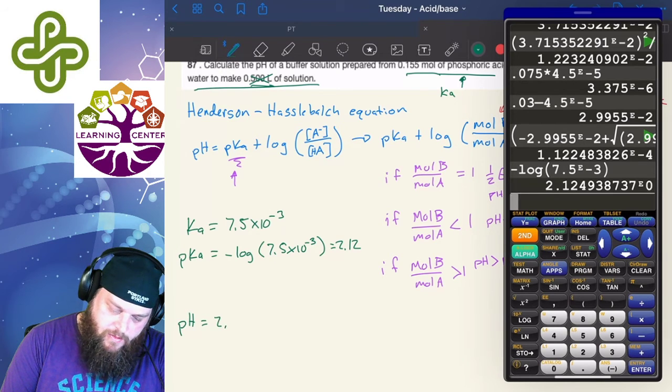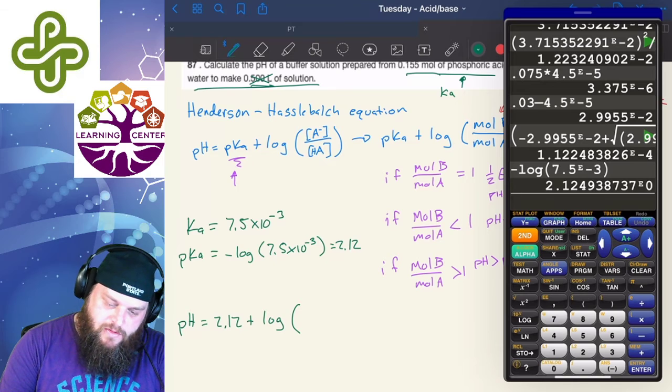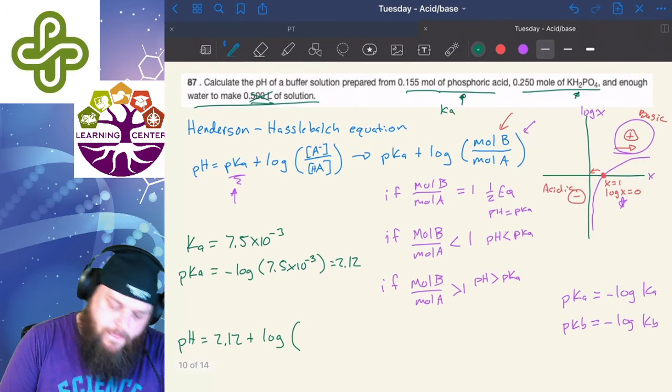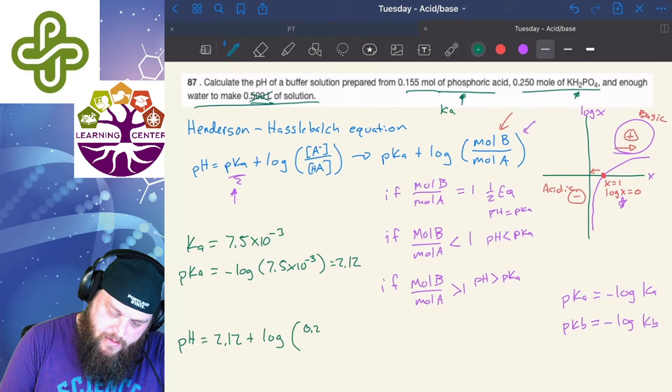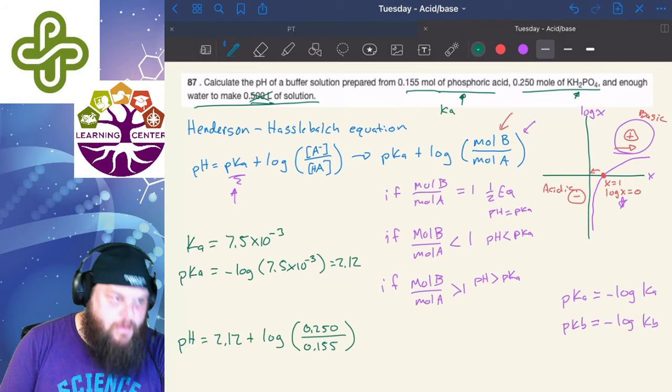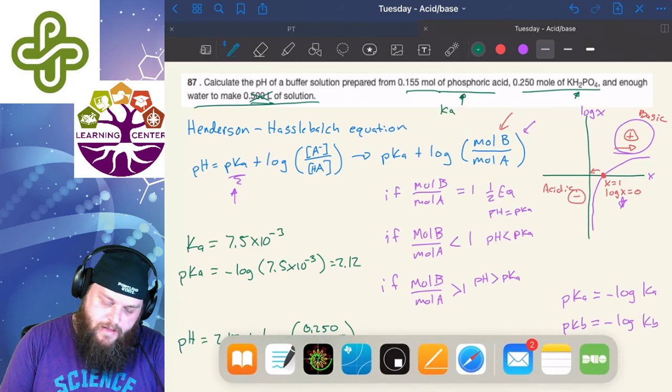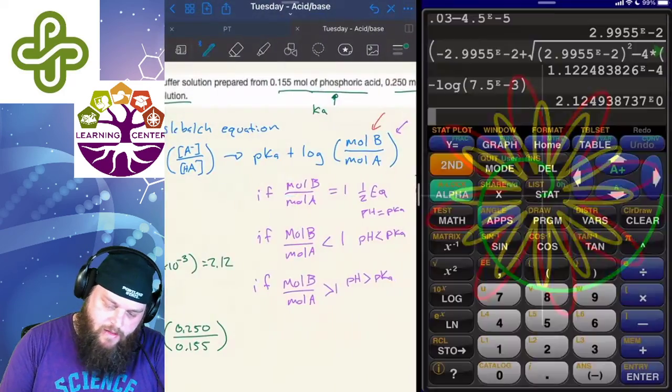So that's going to be 2.12 plus log of the moles of base versus the moles of acid. They're telling us the moles of base, let me get rid of my calculator, is 0.250, and the moles of acid is 0.155. Now I need my calculator back because we're going to do that math.